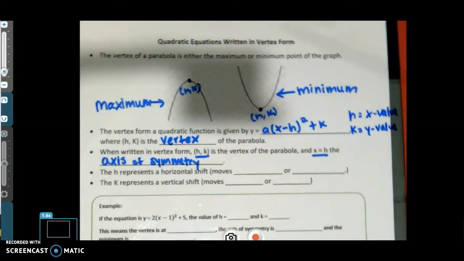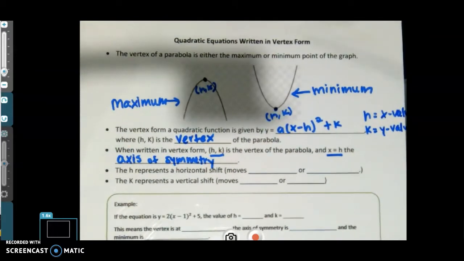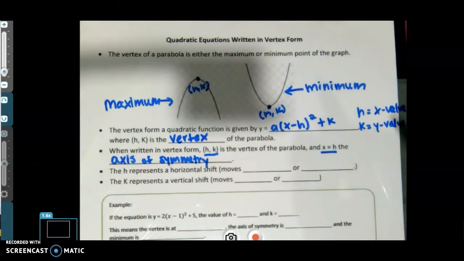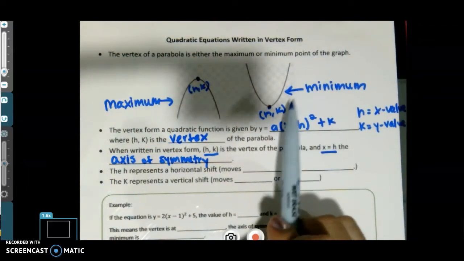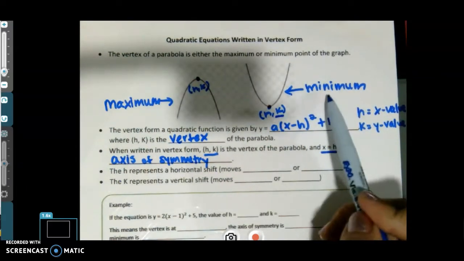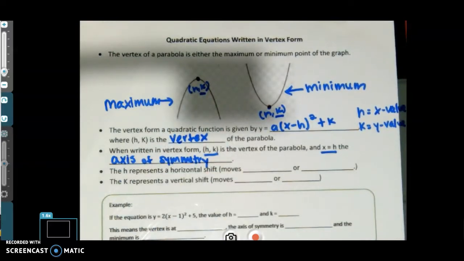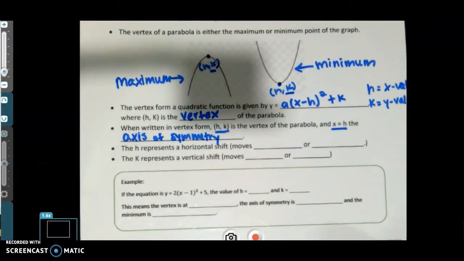But there's some specific things about the h and k. So not only is h the x value, it also tells you the axis of symmetry. K is important because it's not only the y value, but it also tells you the minimum value and the maximum value. Okay?